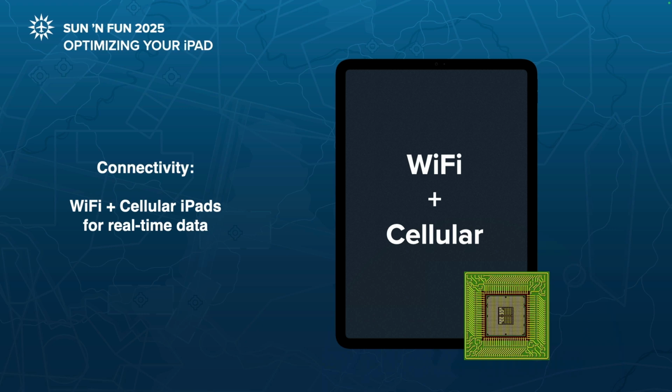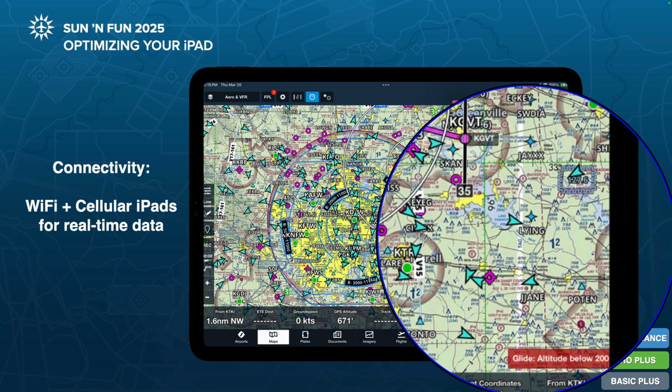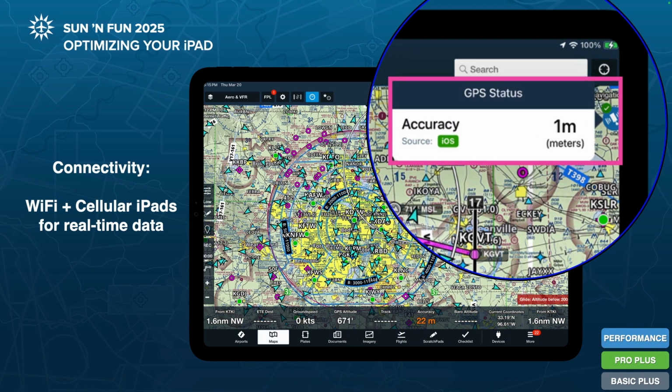I just won't fly without ADS-B on my ForeFlight so I can turn on the traffic and have backup traffic. Maybe you have great avionics, but I like ForeFlight to help me out with that. And by the way, this is where you'll see the source. If you have that cellular chip, it'll tell you what the source is: I've got my iOS pulling GPS data because I have that chip.